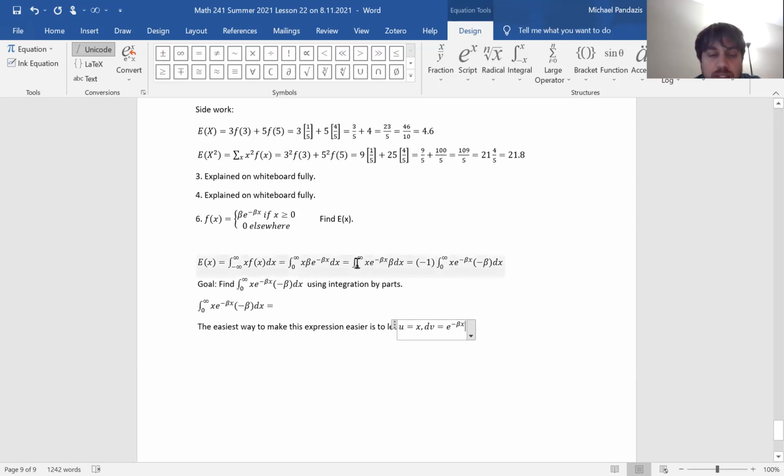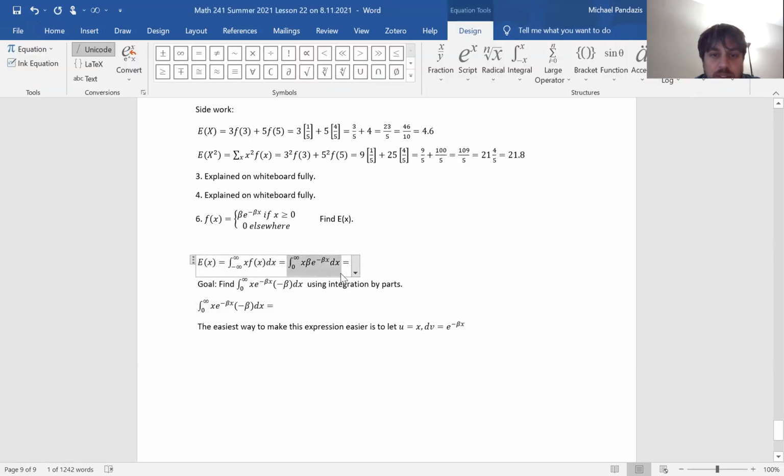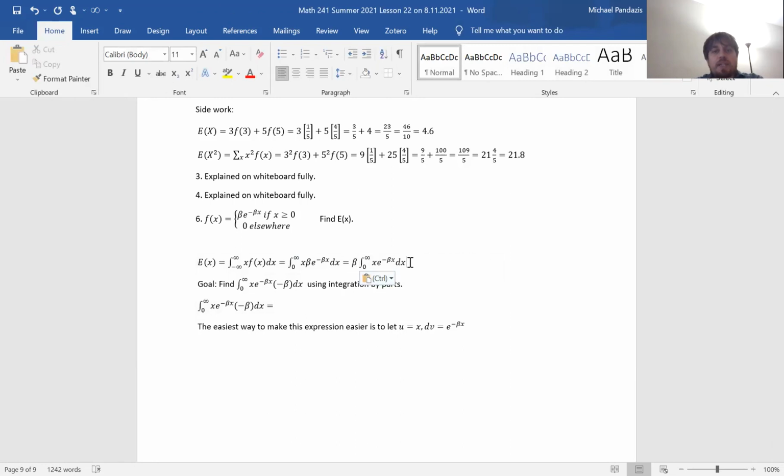Okay, and since we're not using u substitution and we're doing integration by parts, I'm just going to look at this. When I look at this integral, I'm going to move the beta outside of it. So this is equal to beta times this integral.